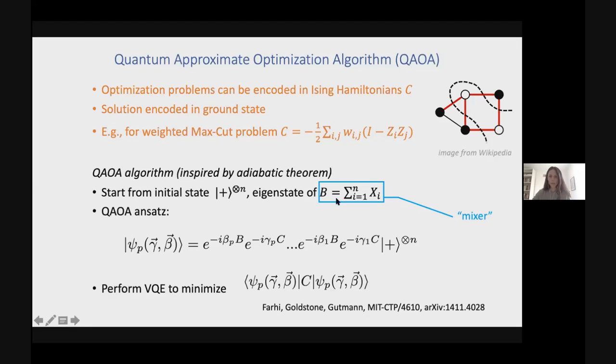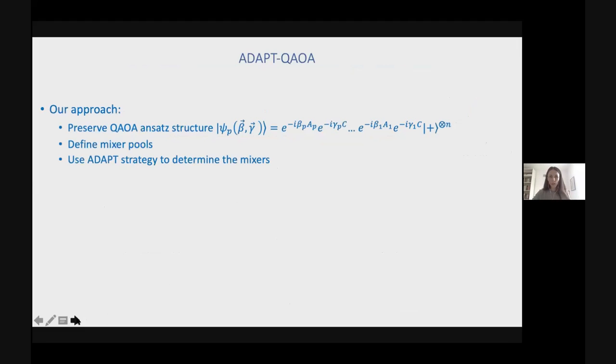So this set of operators here is called the mixer. And what we have done is ask, are these the best mixers you can have? So what we postulated is a different type of ansatz, where we preserve the QAOA ansatz structure.